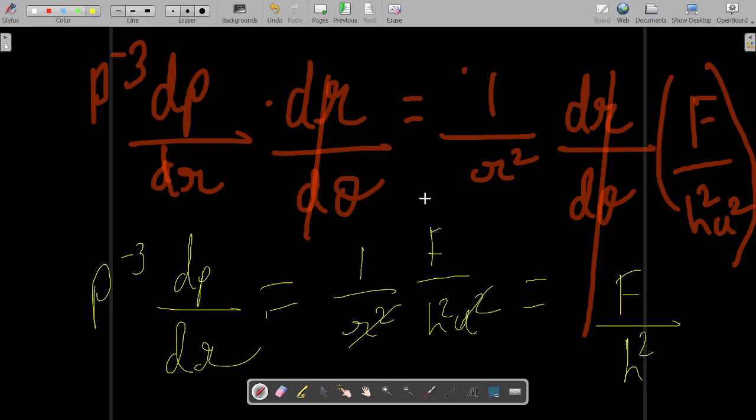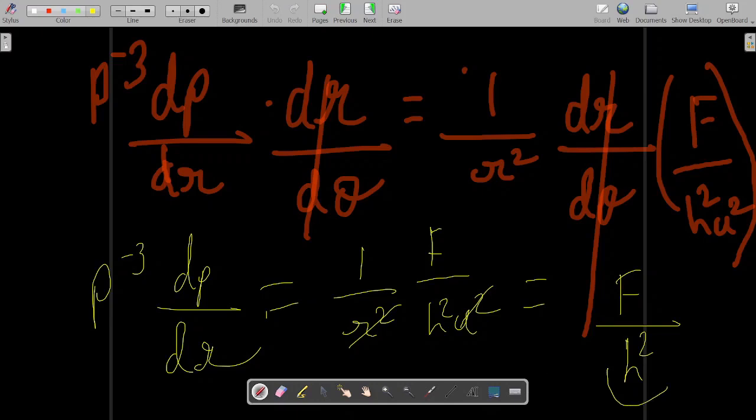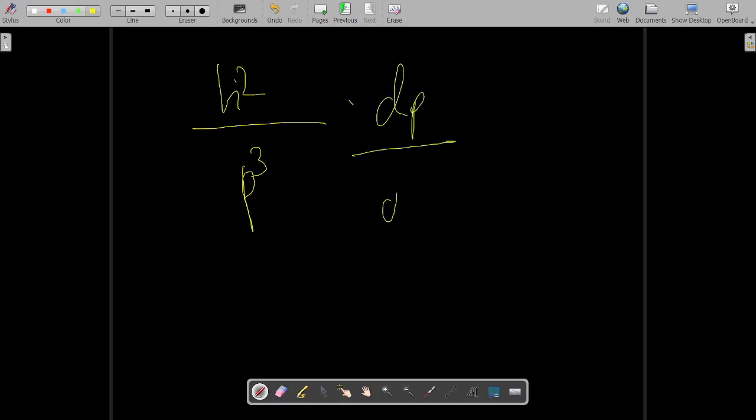Then we will rewrite this expression in suitable form. When you bring this h square to the left hand side, and p to the power minus 3 to the right hand side, it will become h square divided by p cube dp by dr is equal to your f.